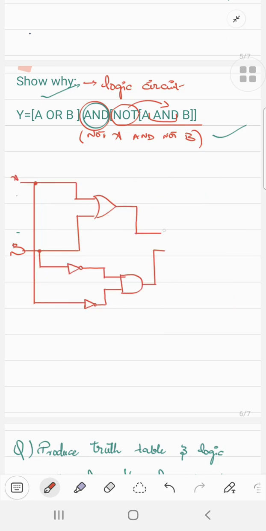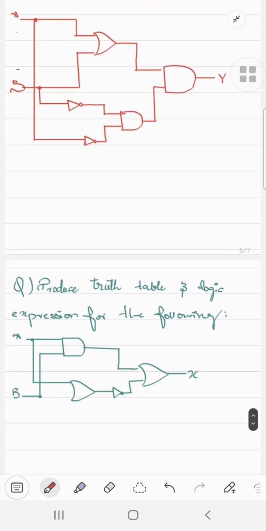Okay, and then through the AND gate we will join them, and this gives us Y. Okay, you always have to make this circuit where it says show Y.